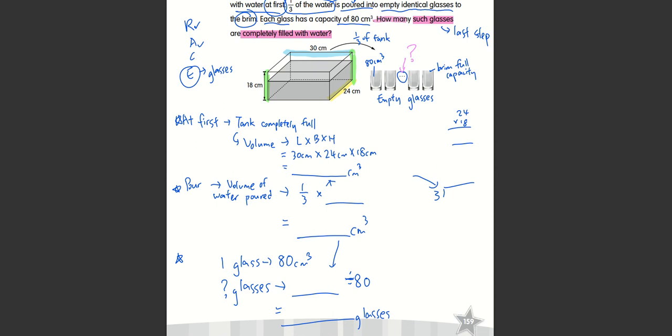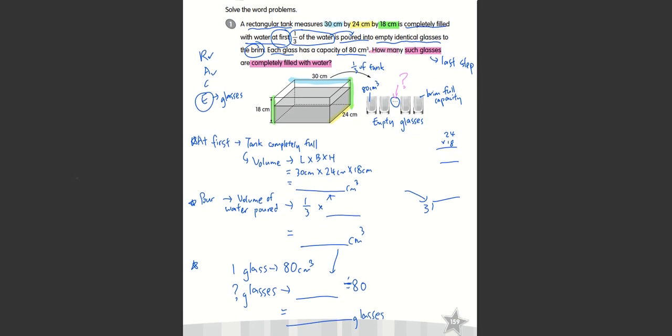Okay, I will leave you to work out the solutions for this. I will guide you through the understanding of what's happening. As long as you can go through this step by step, find the whole tank, find 1/3 of the tank, and then divide by each glass, 80, you'll get to the answer. The last step is divide by 80.